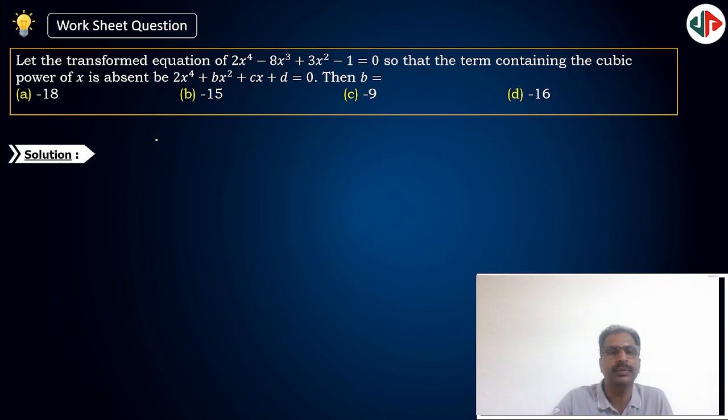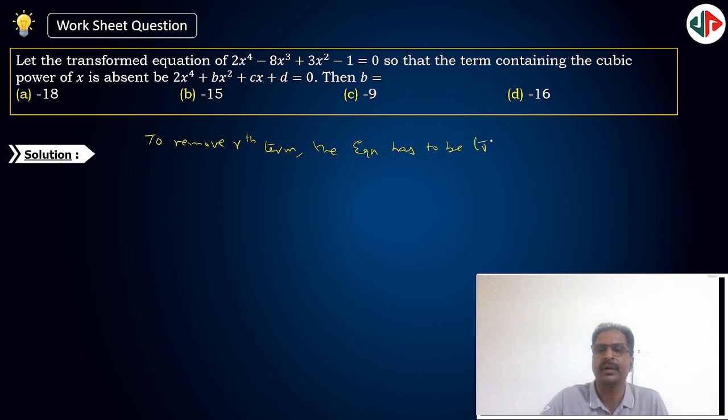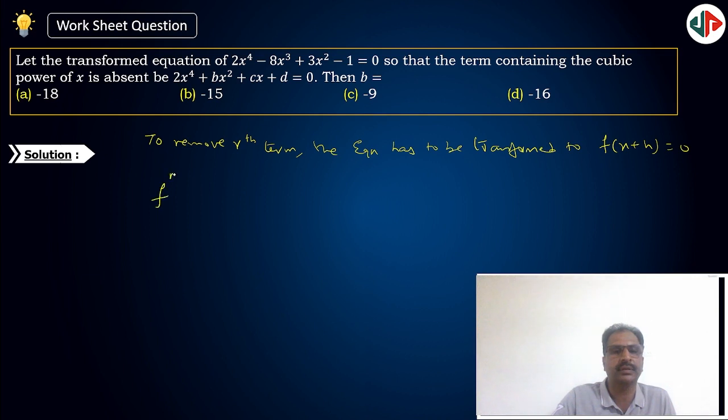To remove a particular term, the rth term, the equation has to be transformed to f of x plus h is equal to 0, where h is selected according to f power n minus r plus 1 of h is equal to 0.